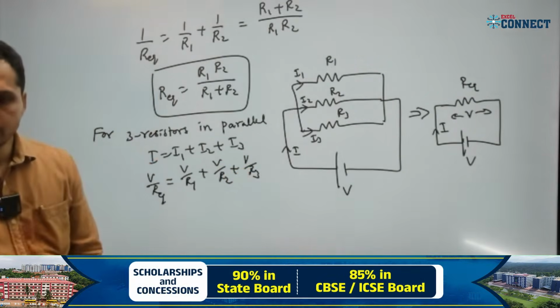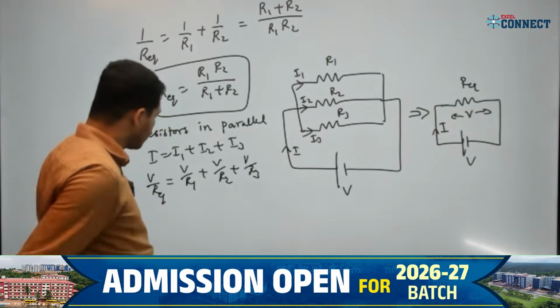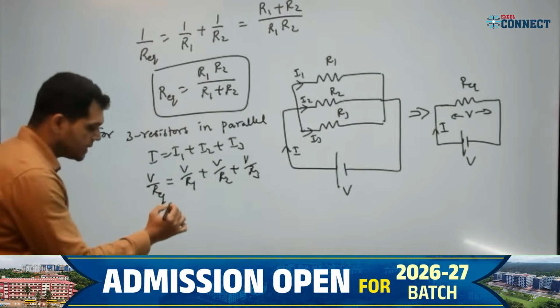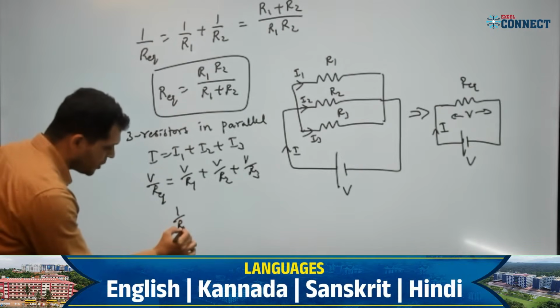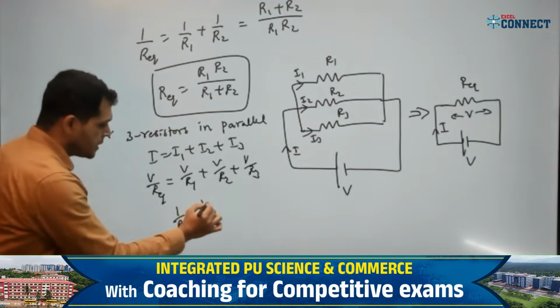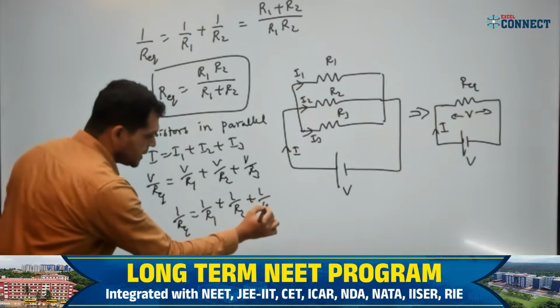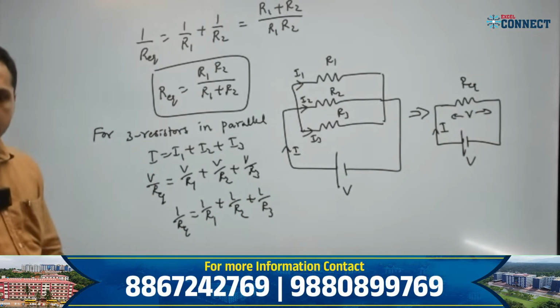Is it clear? The numerator V we can cancel. What remains is 1 by R equivalent equal to 1 by R1 plus 1 by R2 plus 1 by R3. Right?